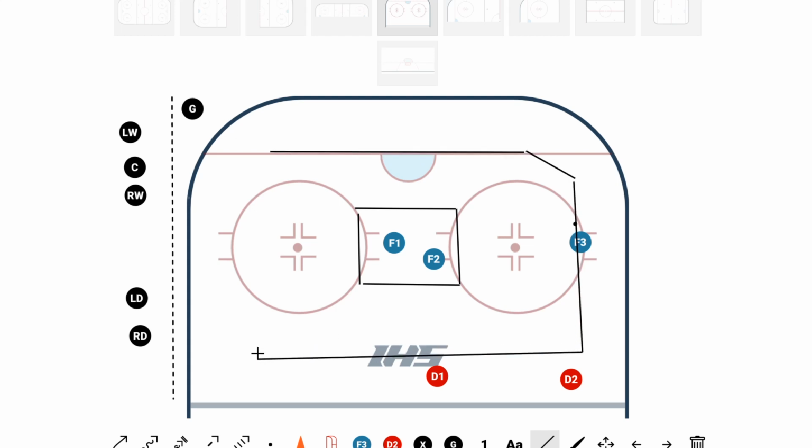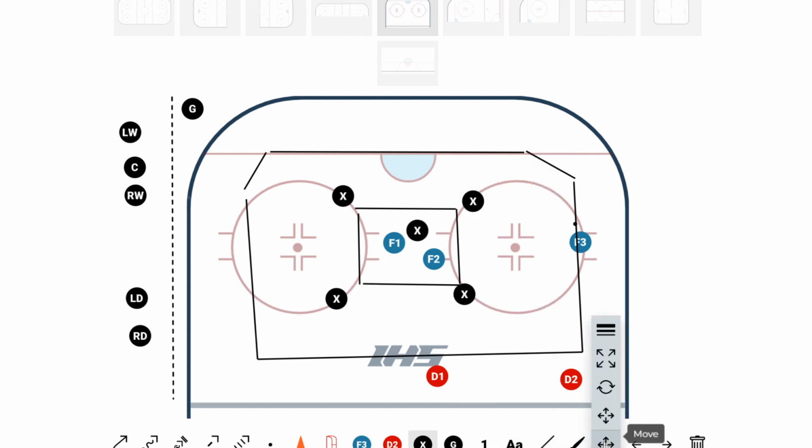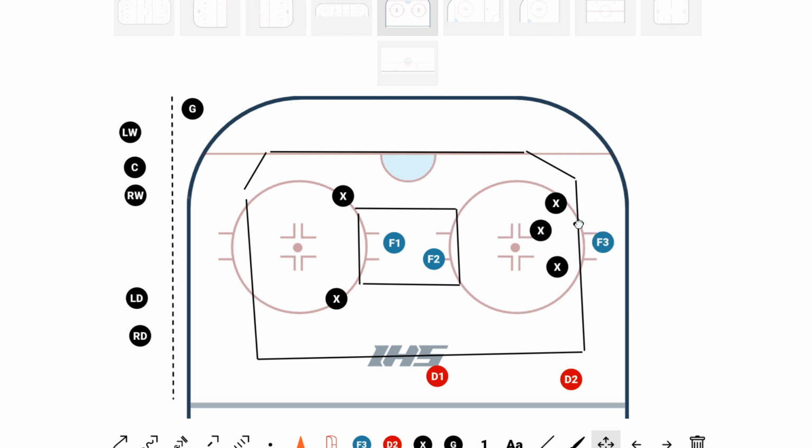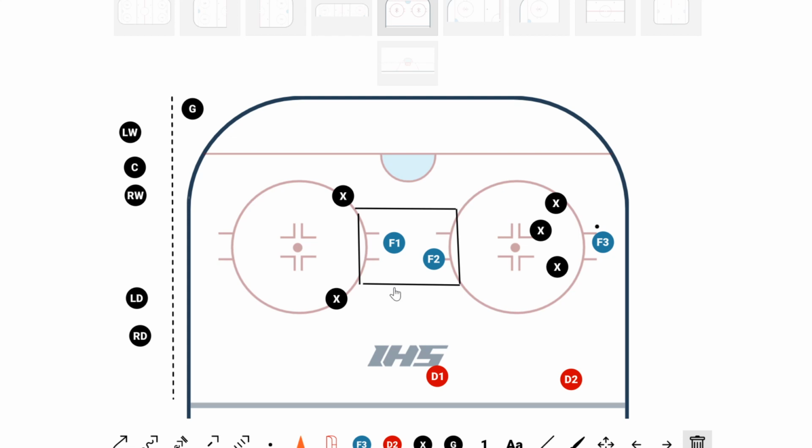The perimeter is basically the soft parts of the ice along the outside of the offensive zone, where it's very unlikely for multiple defenders to gather and apply pressure. You may have one person, but it's very unlikely to have multiple. And so the perimeter is naturally one of the safer, quote unquote, parts of the ice.